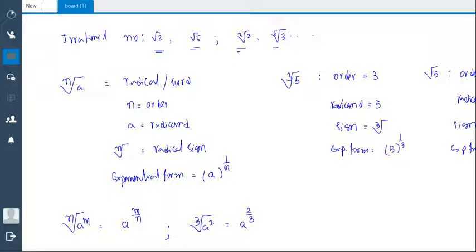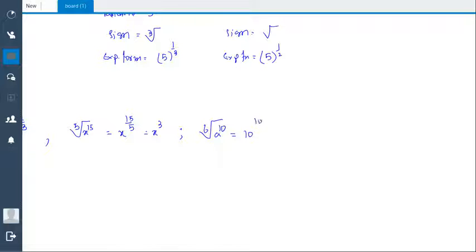For example, you have the fifth root of x to the power of 15. What are you going to write here? x to the power of 15 upon 5, which is equal to x to the power of 3. For example, the sixth root of a to the power of 10: you write a to the power of 10 upon 6.